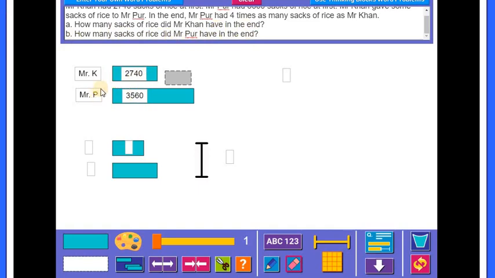I draw the model here. For the first model, Mr. Khan had 2,740 sacks. Mr. Poor had 3,560 sacks. Mr. Khan gives some sacks, and we don't know how many. But in the end, Mr. Poor had 4 times as many as Mr. Khan.